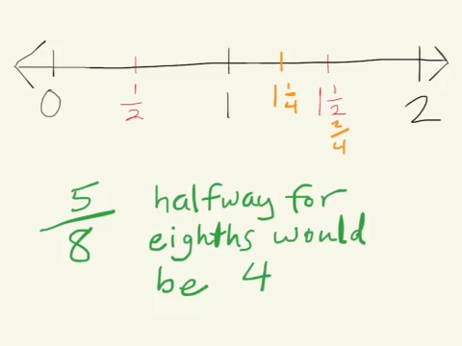Hey, we've got 5/8. We are past halfway. So our 4/8 would be here on the number line, so label that. 4/8 would be halfway, and we are at 5/8.